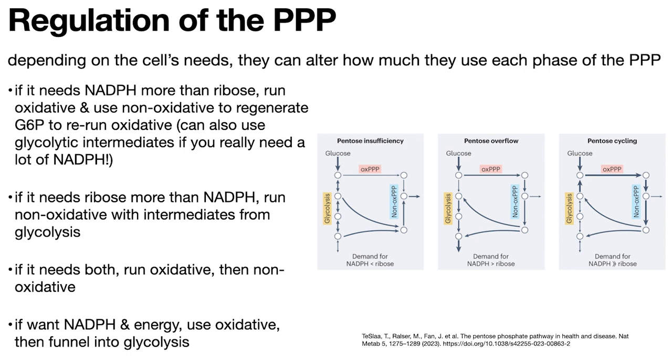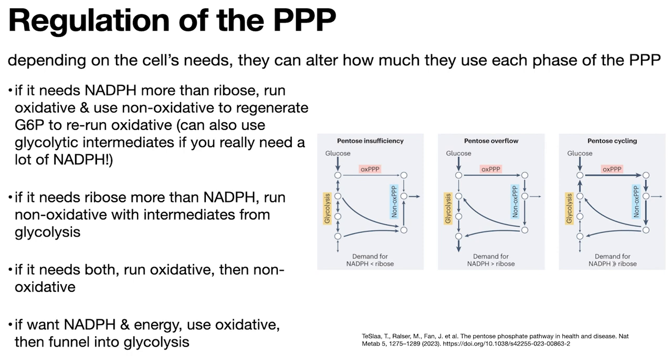So if you need more NADPH than ribose, run the oxidative and use the non-oxidative to regenerate the G6P to rerun the oxidative. You can also use the glycolytic intermediates if you really need a lot of NADPH. You can funnel more into the oxidative pathway from glycolysis itself. If you need ribose more than you need NADPH, well, now you can run the non-oxidative with intermediates from glycolysis.